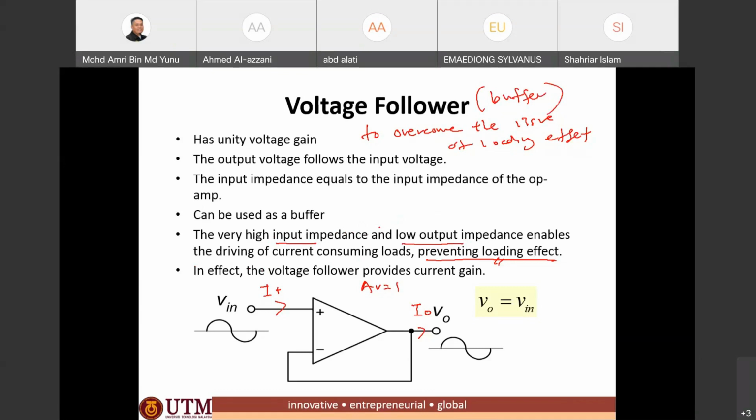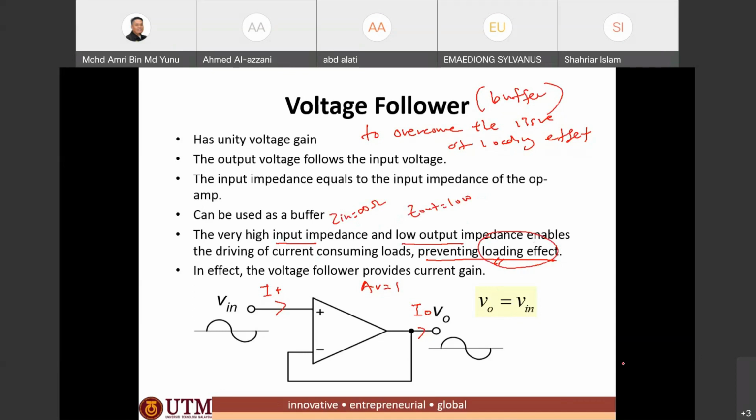So if Z in is high but Z out is low, there will be an impedance mismatch, which causes a loading effect.